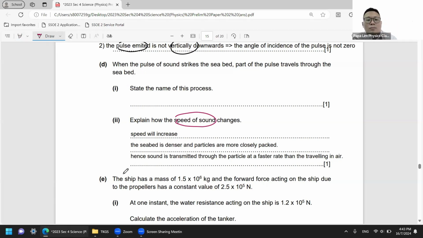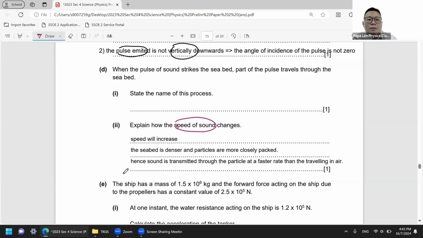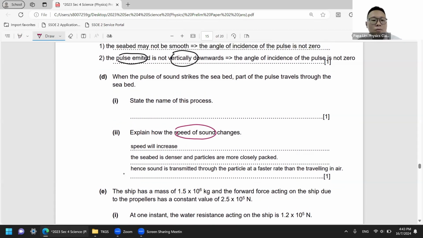When you talk about the standard keywords, you have to take note that this question is about sound going from water to solids. When the question says the pulse strikes the seabed, part of the wave travels through the seabed.